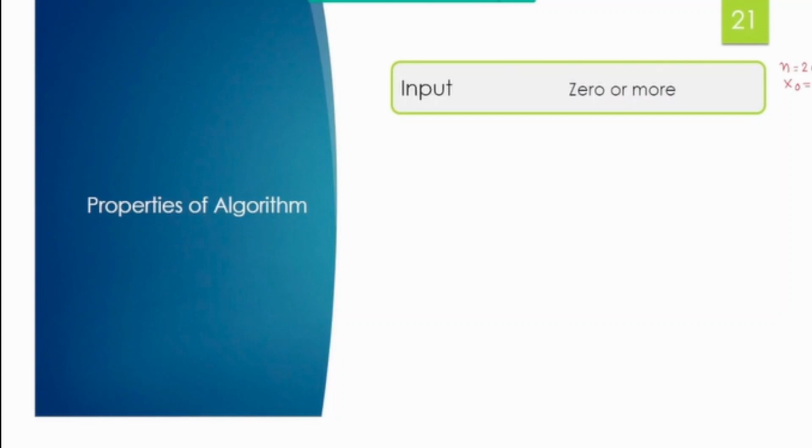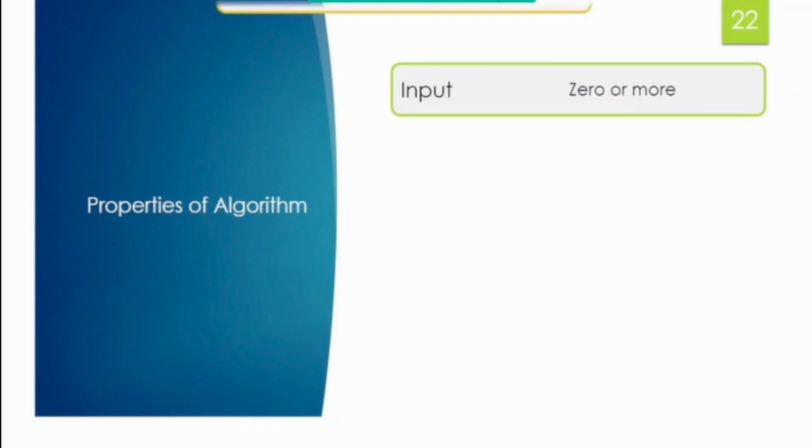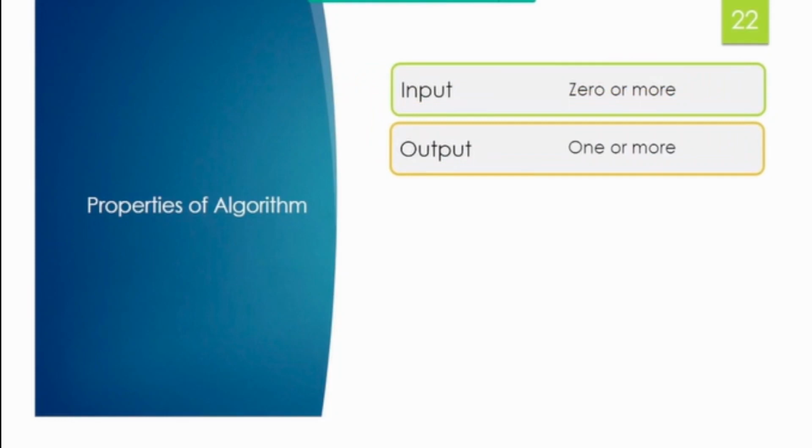Okay, next point is output. And what is the important property of output? Every algorithm must have 1 or more outputs. So in the Babylonian search method, what is the output? The answer 4.472, the actual square root which we are trying to get.